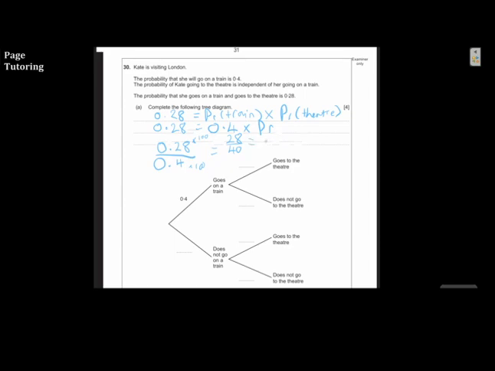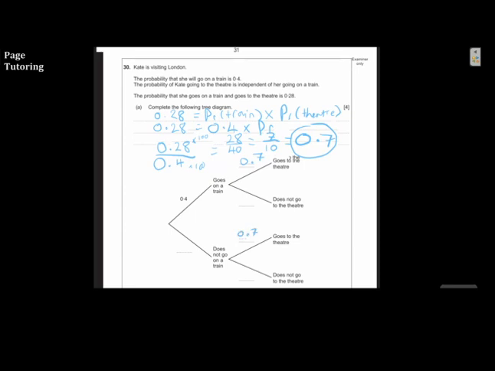We divide by 4, so we've got 10, and then we've got 7. So that gives us 0.7. So the probability that she goes to the theatre is 0.7. That'll be the first 2 marks. So we can put 0.7 in here as well.